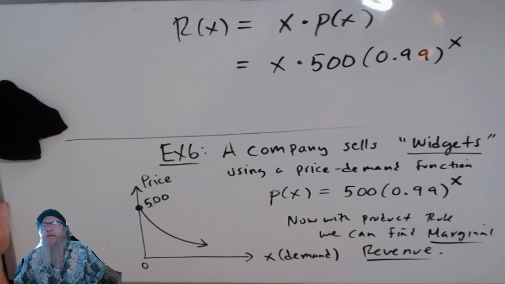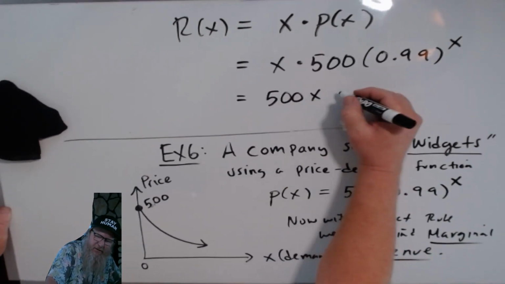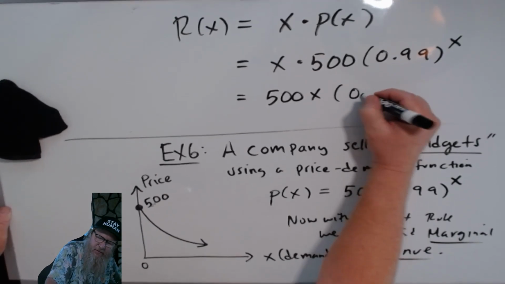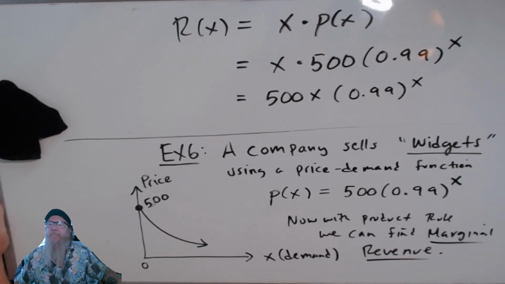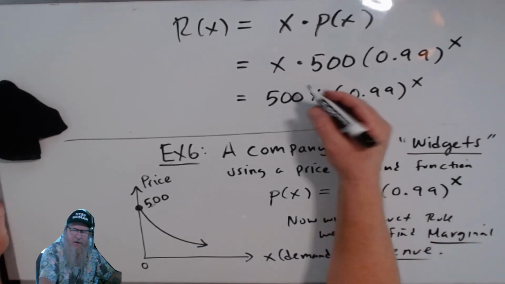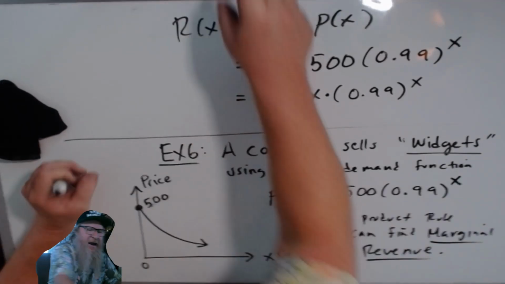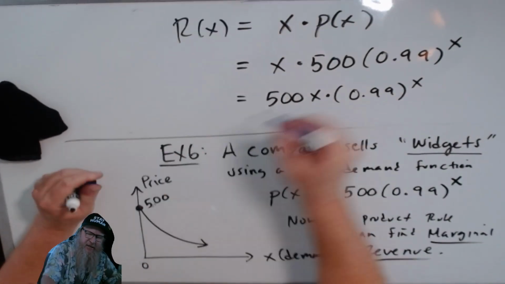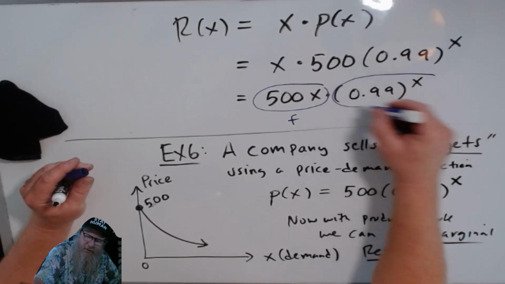Let's rewrite this with the constant out in front. And if you want, you can move the dot right here so that it's clear which function is our f and which is our g. So this is our f, and this is our g.